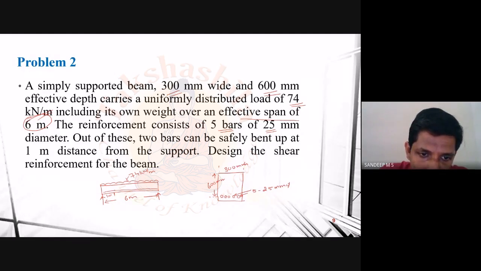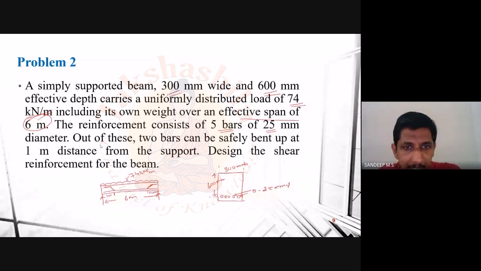So at this particular distance, I will bend 2 bars and extend them like this. And symmetrically on the other side also, I have to do the same thing. So I will be bending 2 bars here at the same location, like this. Here also it is 1 meter. Okay, so this is what is given in the next line, that is, out of these bars, 2 can be safely bent up at 1 meter distance from the support.